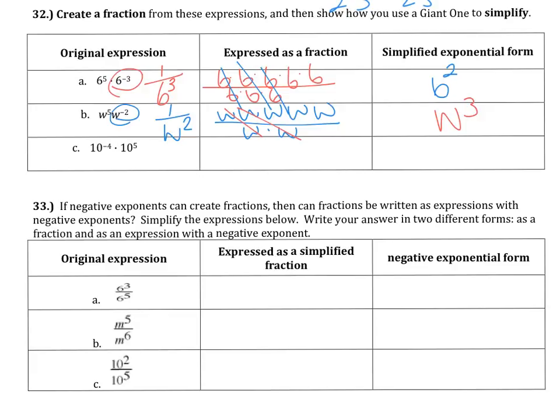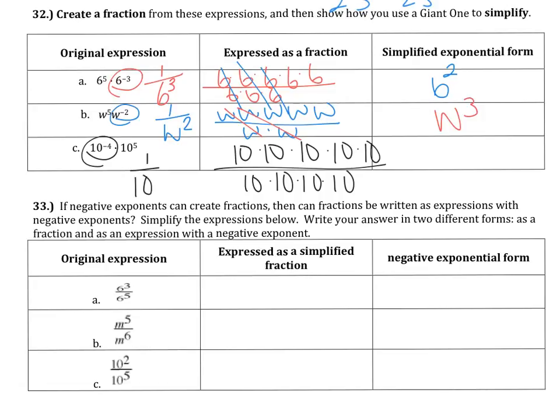The last example here, we're going to have 5 10s in the numerator and 4 10s in the denominator. And again, it's because 10 to the negative 4th power is the same thing as saying 1 over 10 to the 4th. So 4 of these are going to simplify, and we are left with just 10.